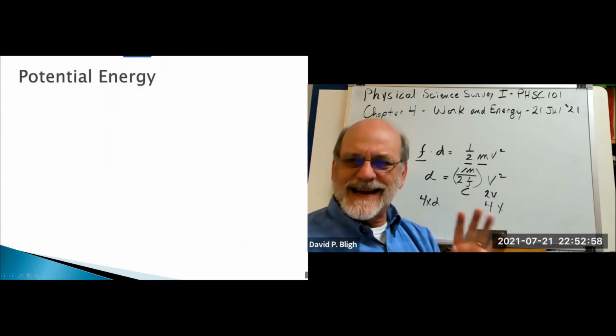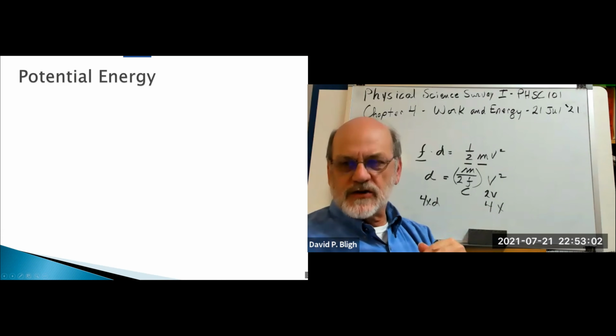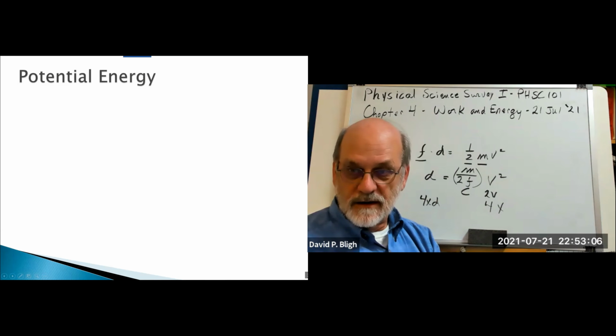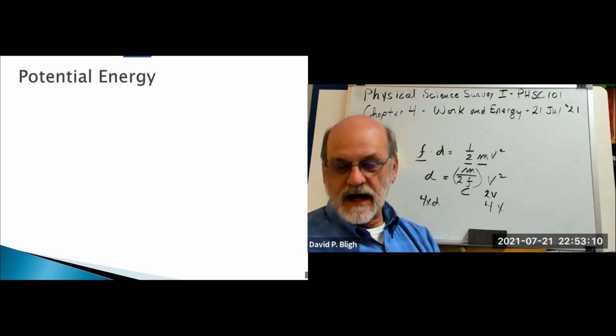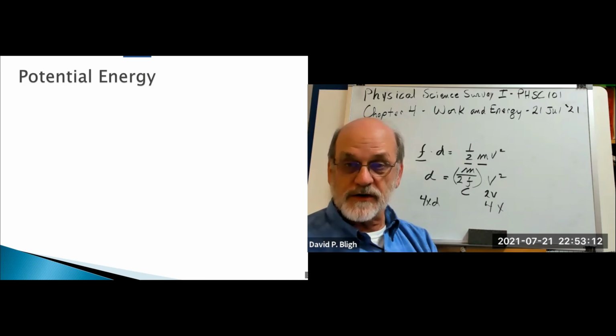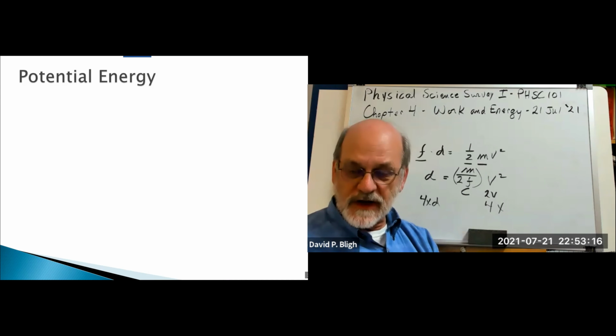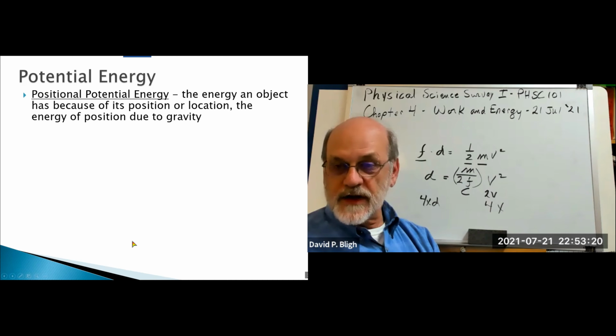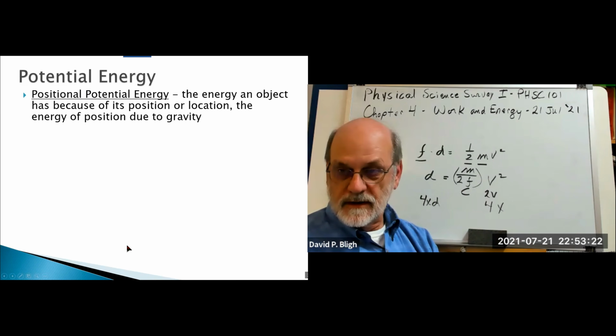Okay, that's kinetic energy. There are other forms of energy that are potential, that is, they are stored and available to do work, but they're not being tapped yet. An object that is moving has energy because of its motion, but some objects have potential energy because of other things. One of those things is its position.